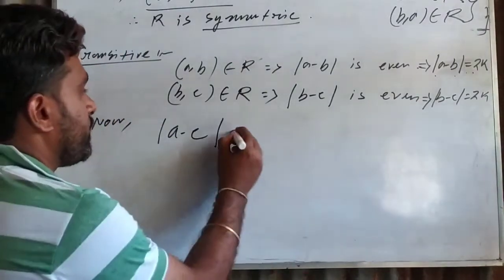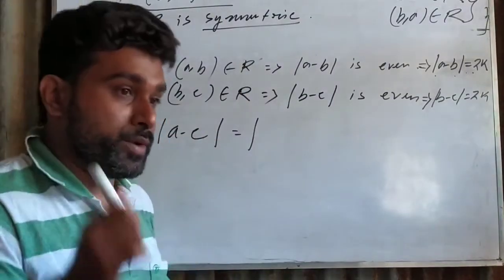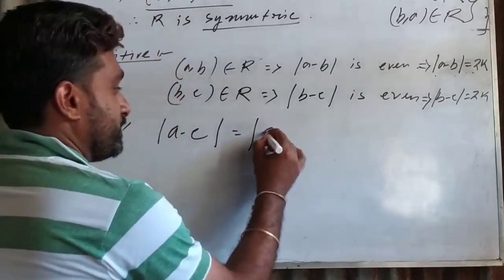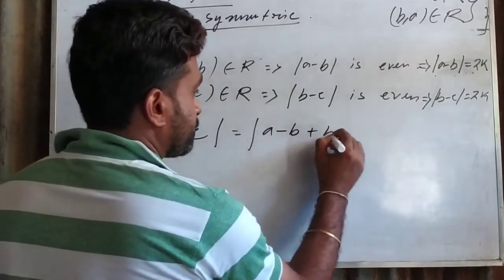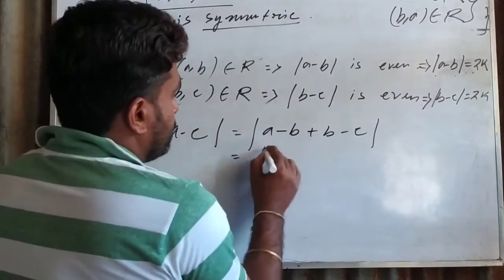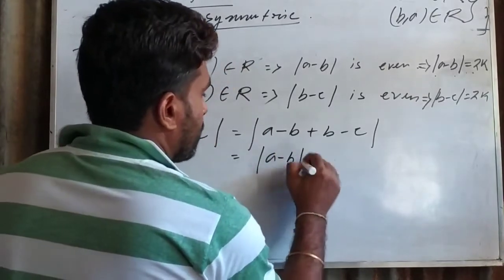So here mod of a minus c, in the transitive property, as I told you, you need to introduce one middleman, and the middleman can be introduced like that. Am I right? As I told you, this modulus function can be split if you have the plus sign in the middle.